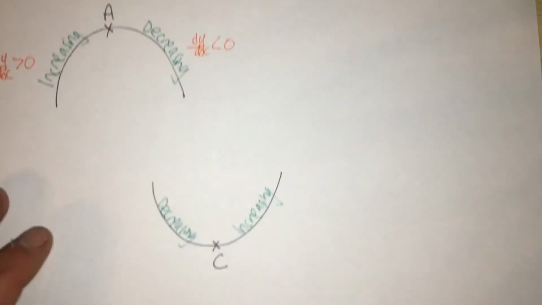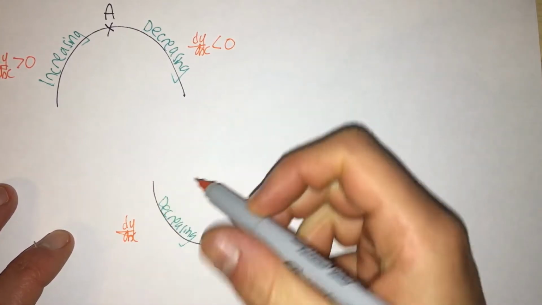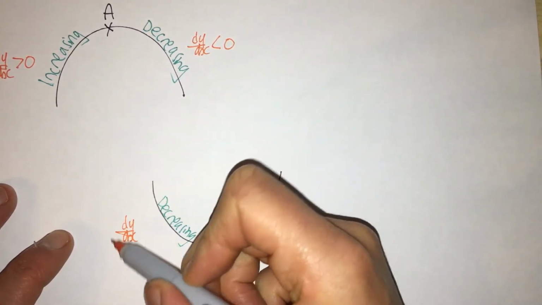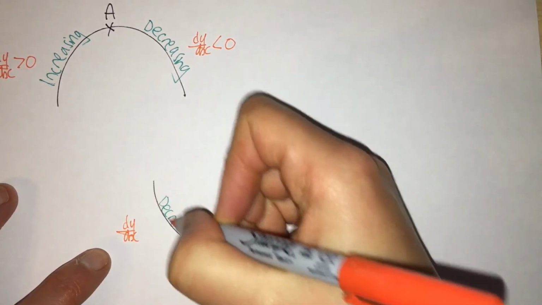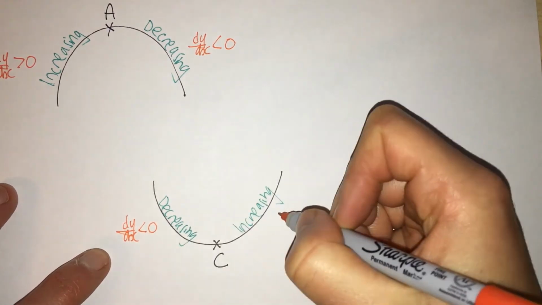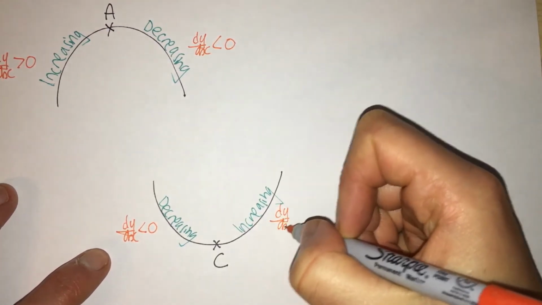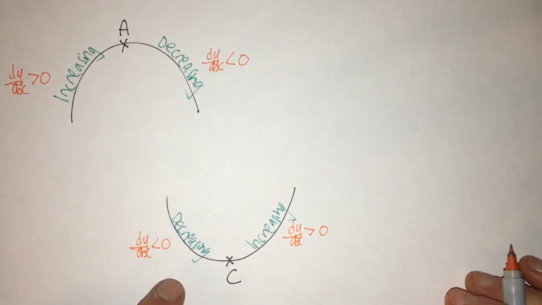So the gradient of the tangent before, we can write dy by dx. So the gradient of the tangent is given by the gradient function, and at any point before this point C, it's going to be less than 0. And then afterwards, dy by dx is going to be greater than 0. So that's a maximum, that's a minimum.